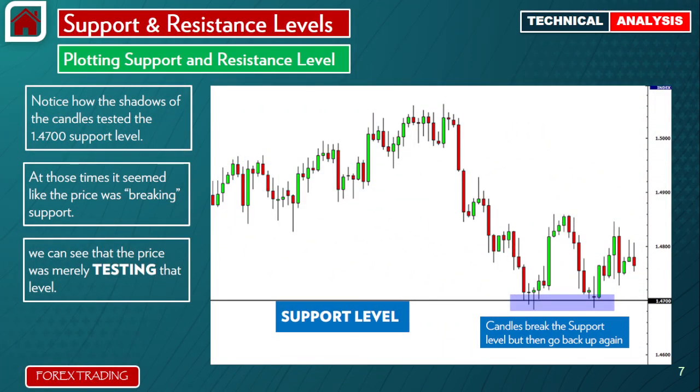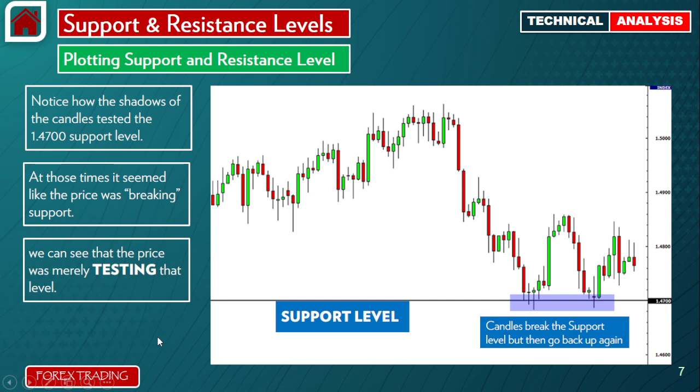So how do we plot? You can look at this picture, where this line shows the support level, and this is where the price touches and then goes further. Again it goes back, touches the level again, and then goes down a bit, but then it bounces back.